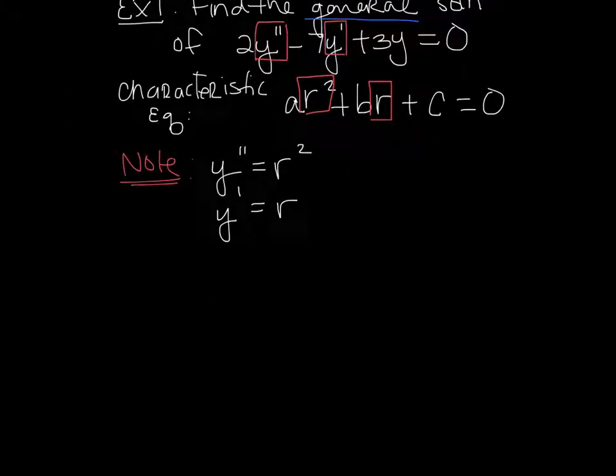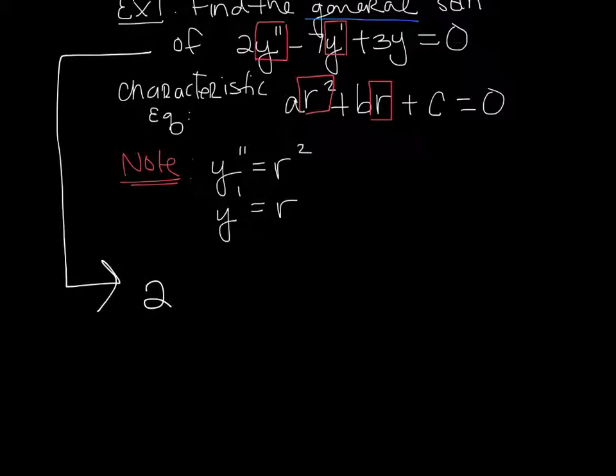The key is just rewriting this. So this is going to be 2r squared minus 7r plus 3 equals 0. Again, that used to be y double prime, that used to be y prime, and there's no derivative here, so that's it.